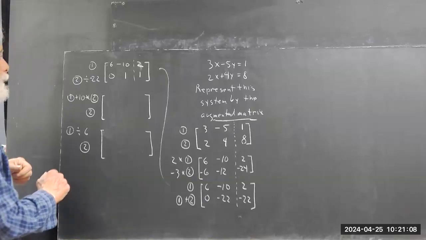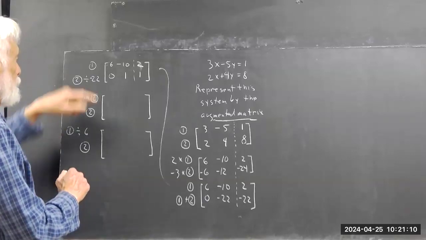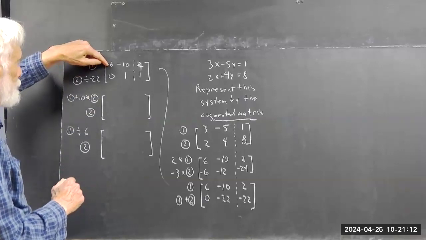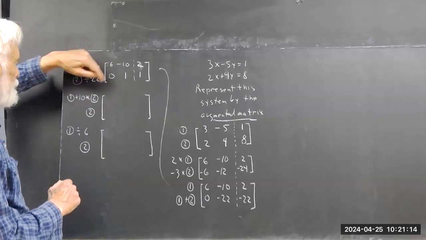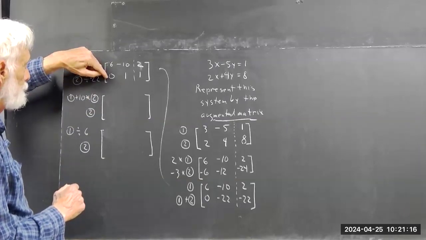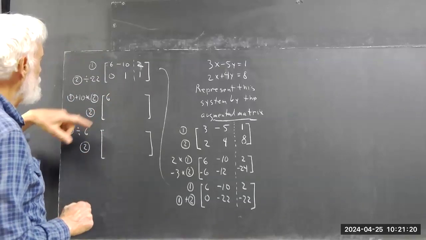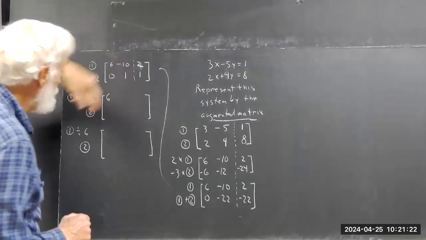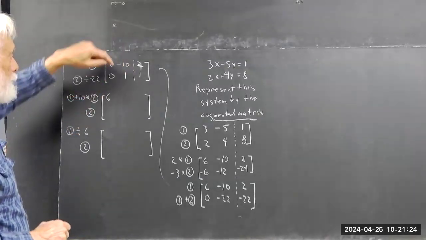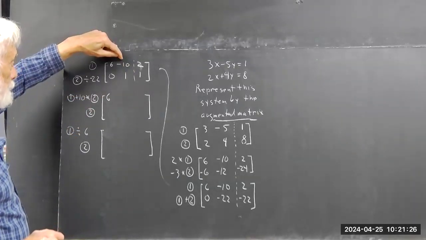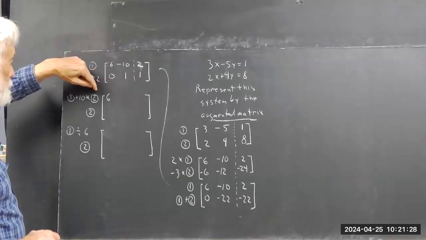Well, row 1 has a 6. Row 2 has a 0. 10 times the number in row 2 is 0. Add that to 6 and you still get 6. In this column, the number in row 1 is -10. The number in row 2 is 1.